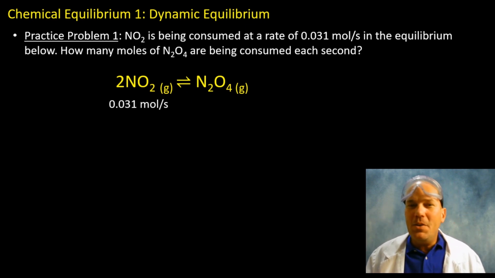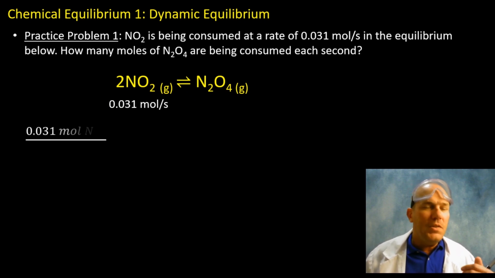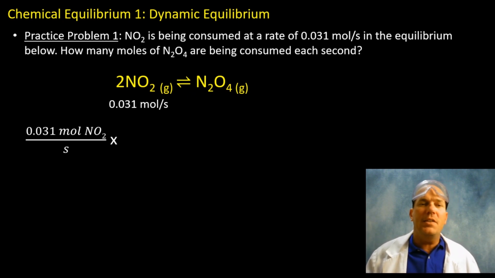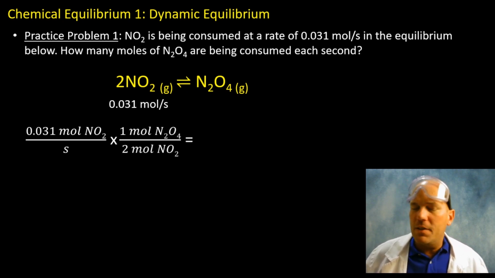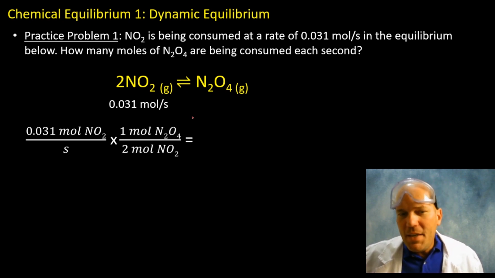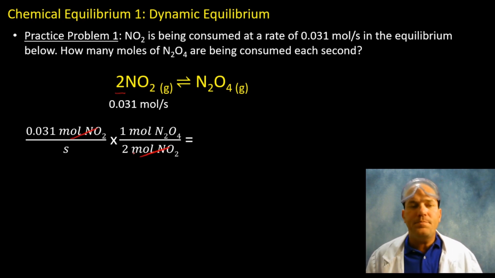So what we need to do is write down what we know. Then we're going to use dimensional analysis to try to convert this into the rate that the dinitrogen tetroxide is being consumed. The key is going to be these molar ratios here, and so 2 to 1.